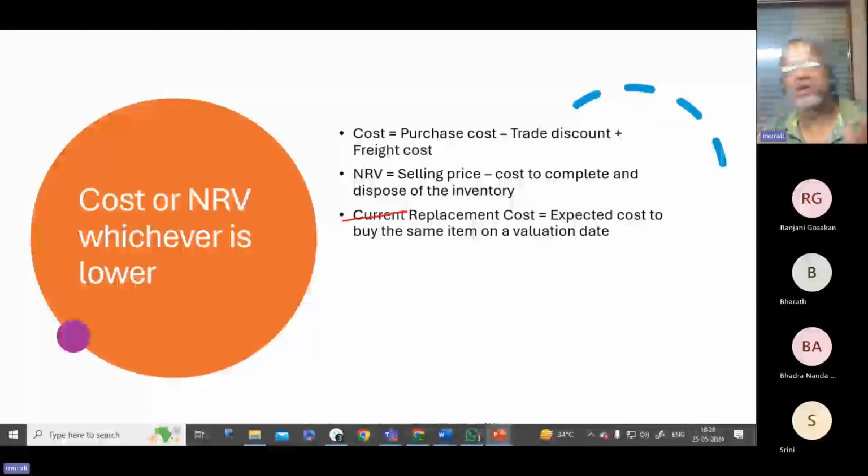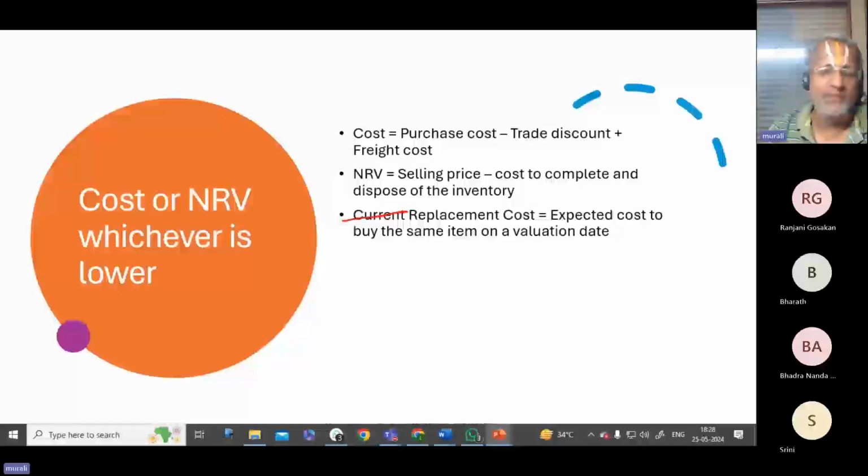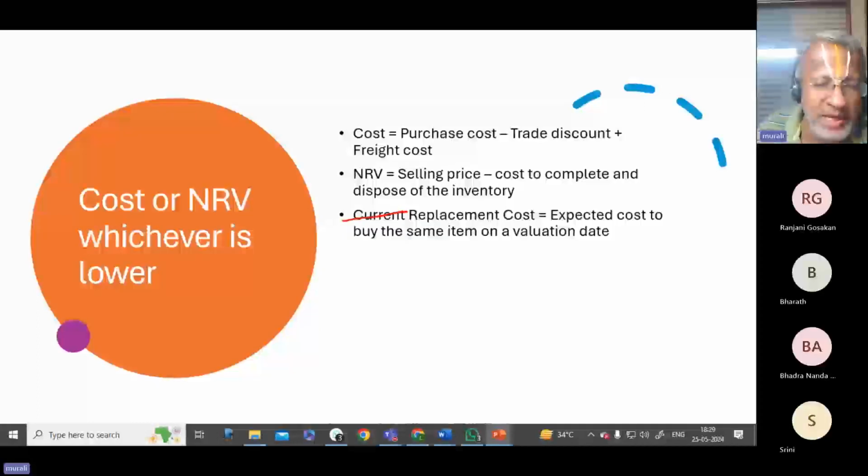So do not get misguided. Current replacement cost is an Indian way of calling it; in US GAAP they call it replacement cost. I could not stop the practice of calling certain things in a particular way, so I have used current replacement cost, but in US GAAP it is only replacement cost.